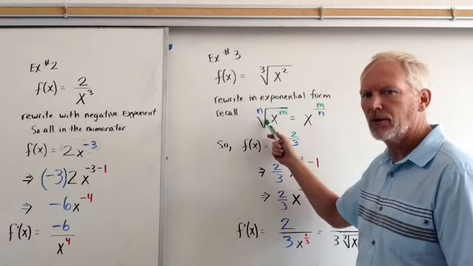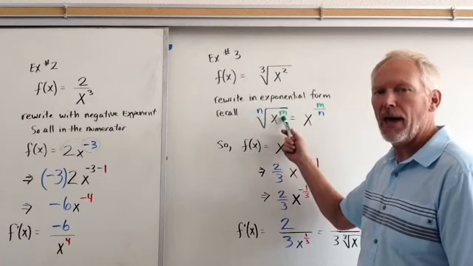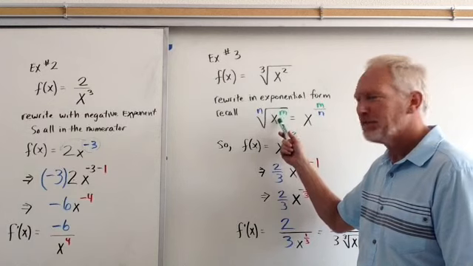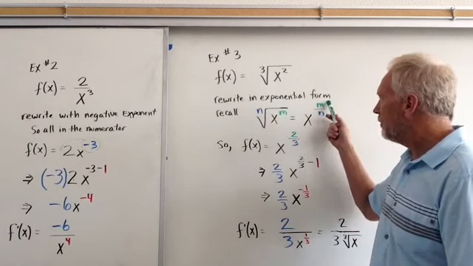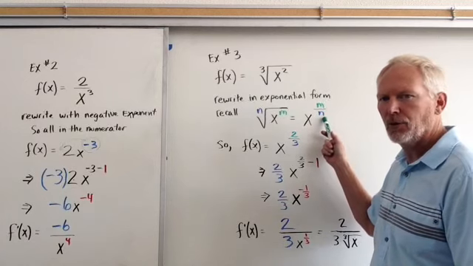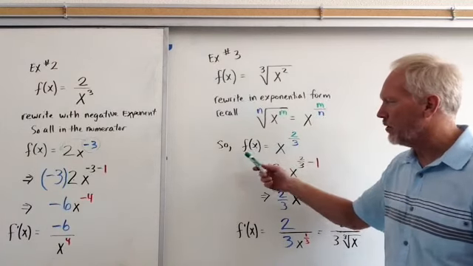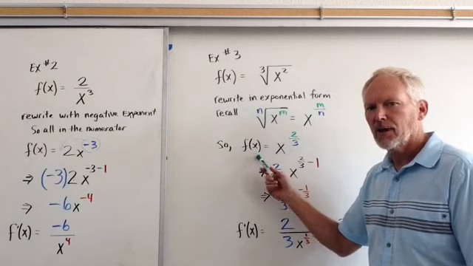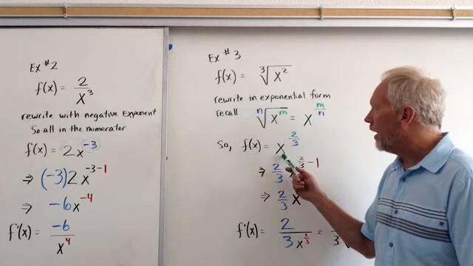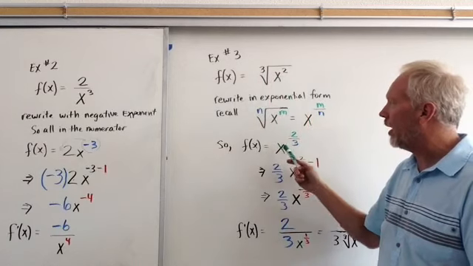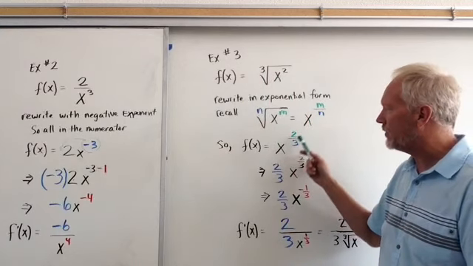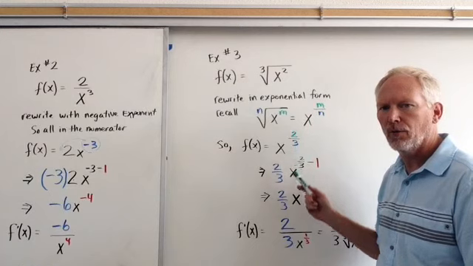Recall that the nth root of x to some power is equal to x to that power divided by its root. So if f of x is the cube root of x squared, I'm going to rewrite it as x to the power of 2 over 3.